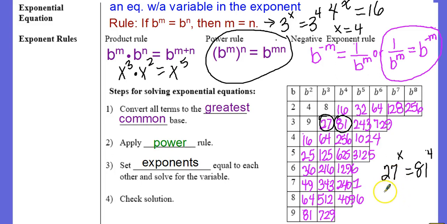So I could replace 27 with a base 3. 3 to the what power? Cubed. And 81 would be 3 to the 4th. So that's what I mean. You're going to use that table and look for the base, and you'll see the numbers in the bases row. Okay? All right, here we go.